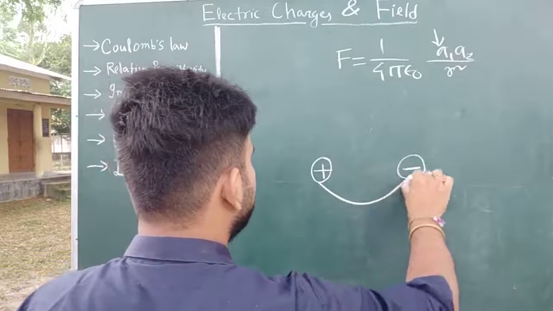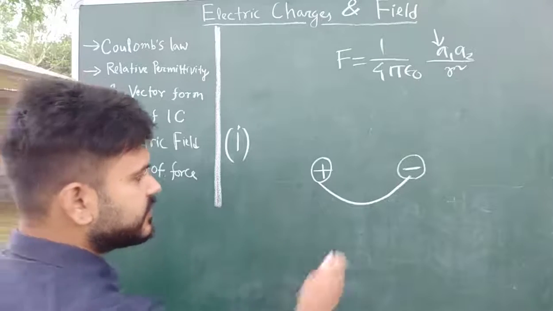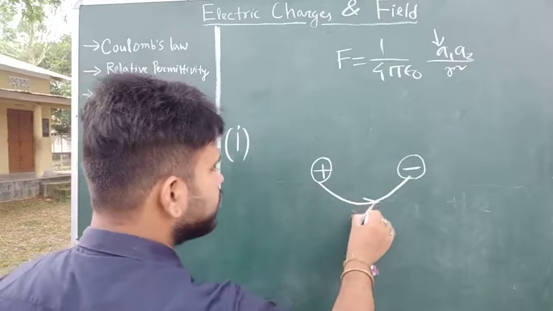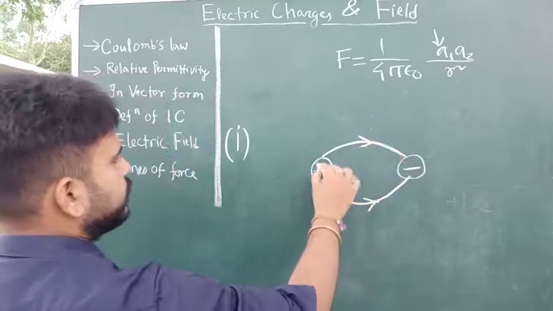The lines of force come from the positive charge and enter the negative charge region.